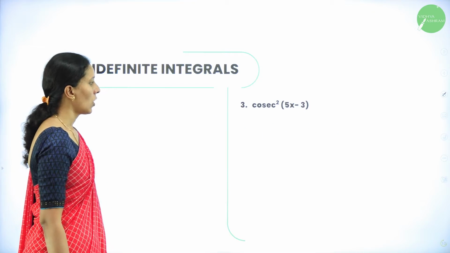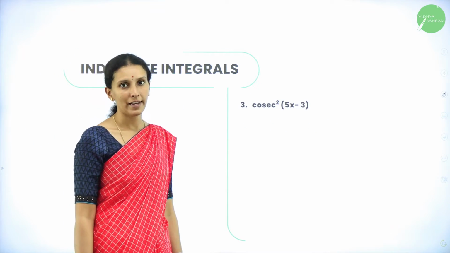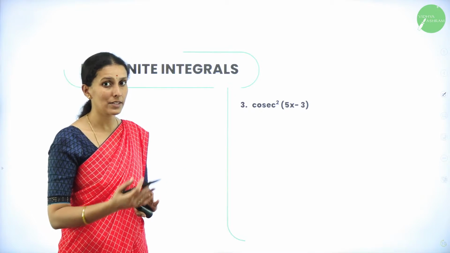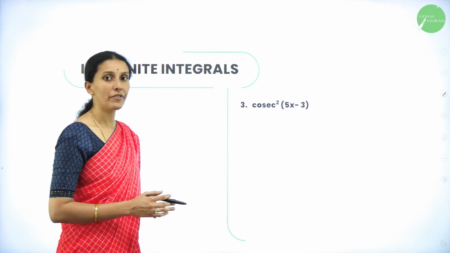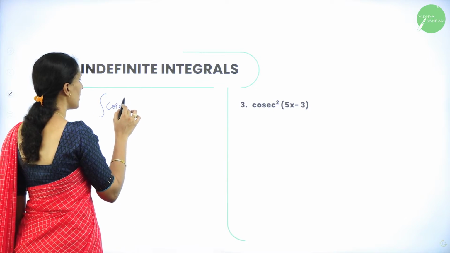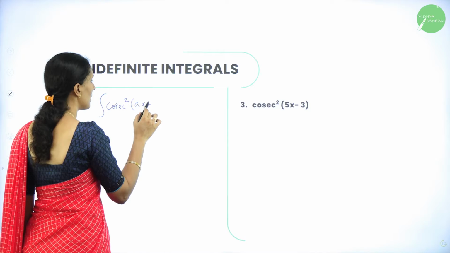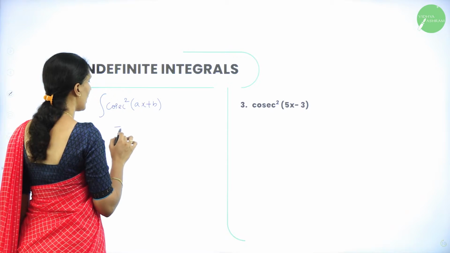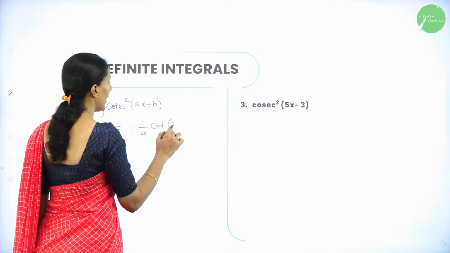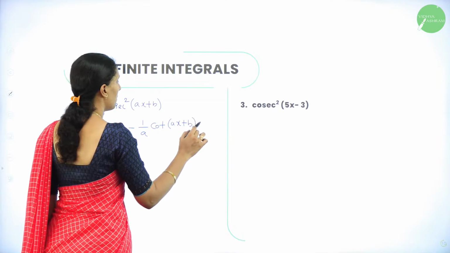Next question. Cosecant square 5x minus 3. We know integration of cosecant square is minus cot x. Now this is in the form of ax plus b. So therefore integration of cosecant square ax plus b is nothing but minus 1 by a cot ax plus b plus c.